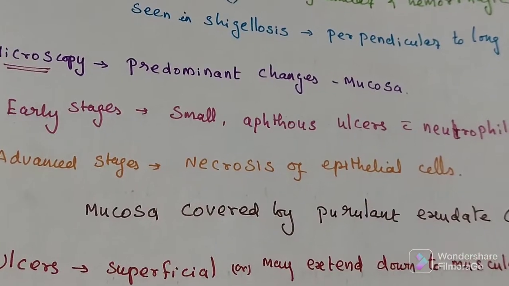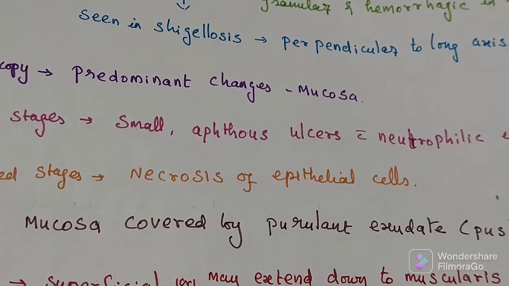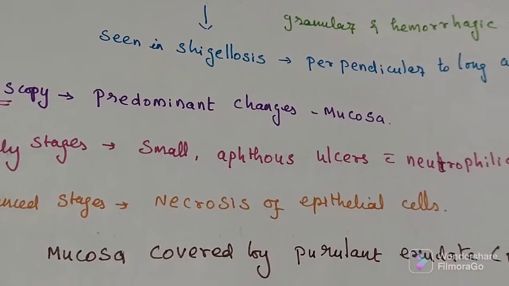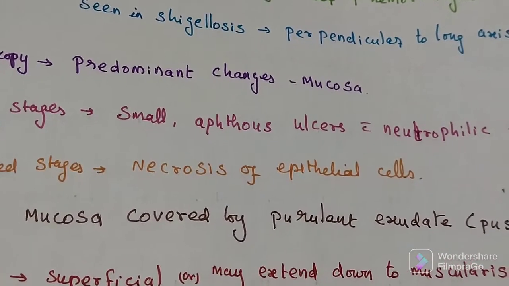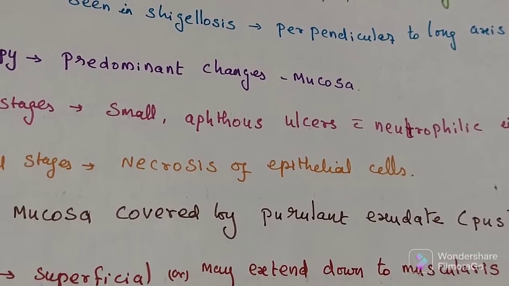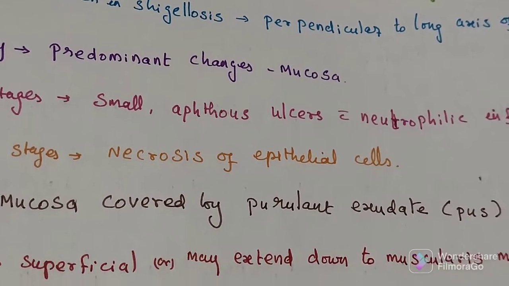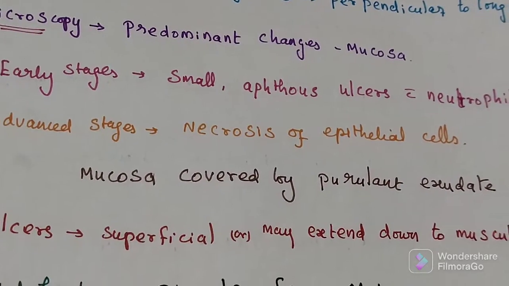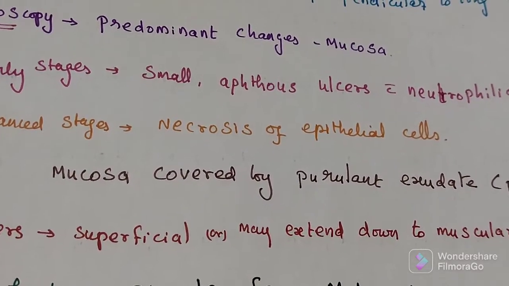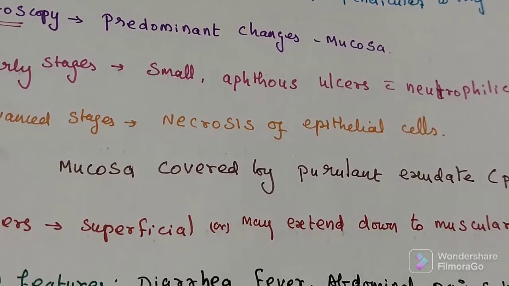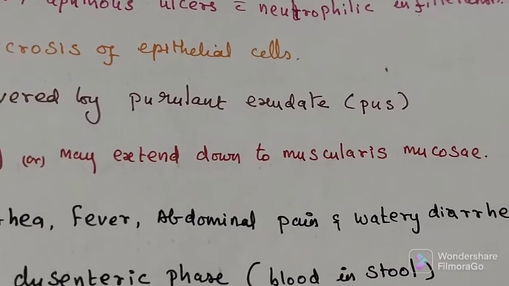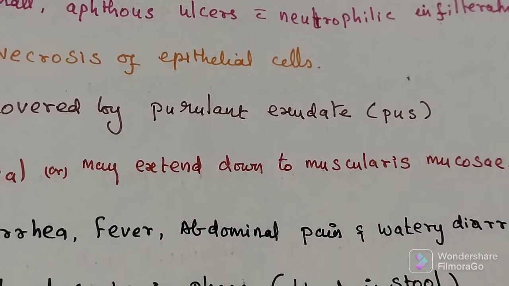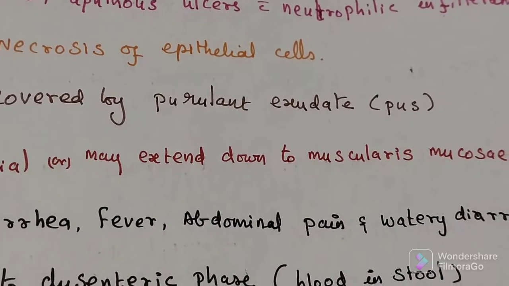In advanced stages, there is necrosis of epithelial cells and the mucosa is covered by purulent exudate. Ulcers are formed superficially or may extend down to the muscularis mucosa.